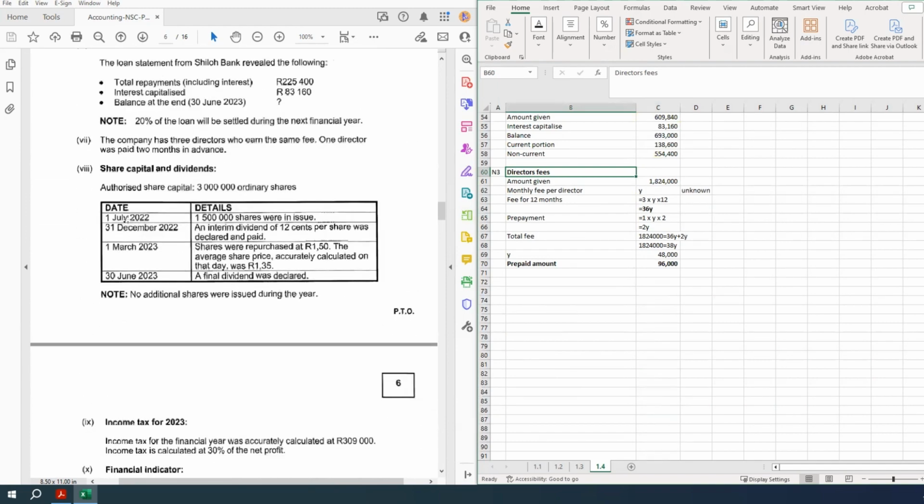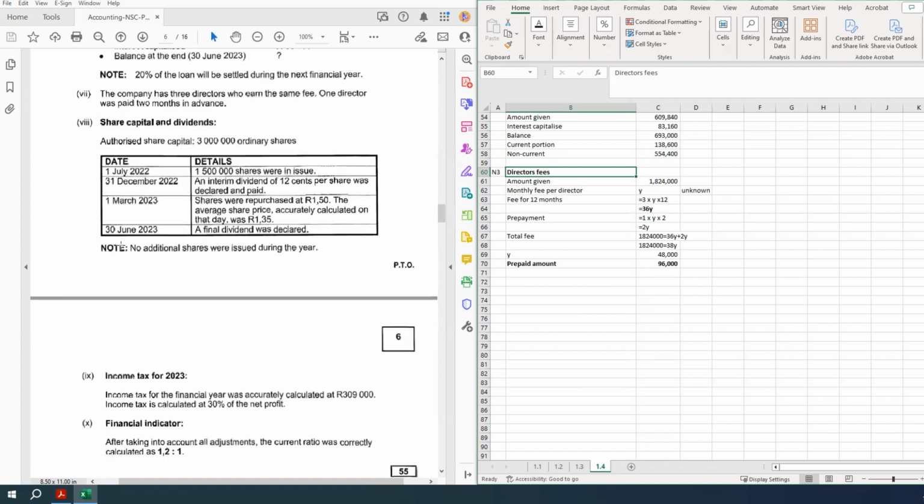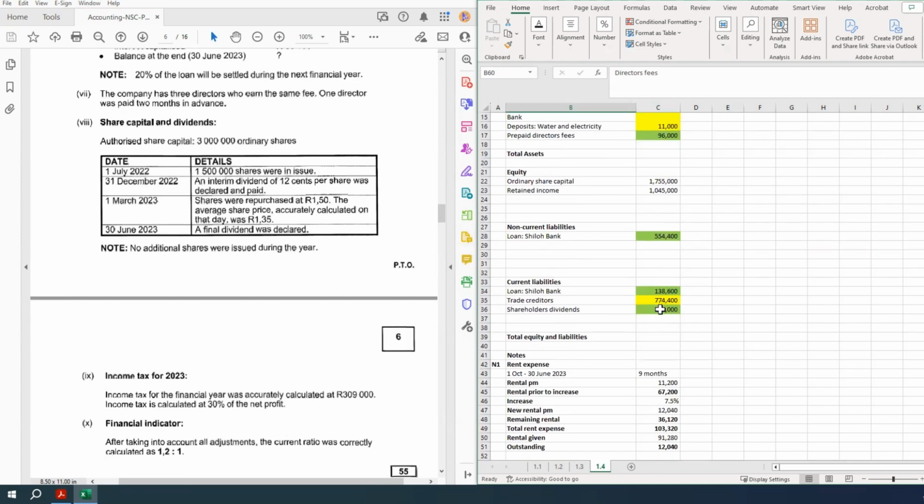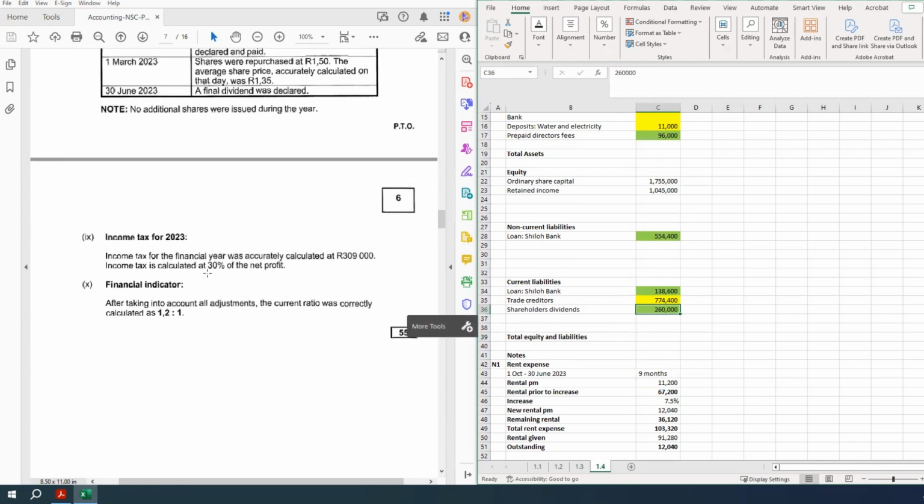Right, so share capital information. This we have covered in the previous questions. The one thing that was relevant was this final dividend that's declared for this question, which we have populated in our balance sheet, the 260. All right. Okay, so income tax.